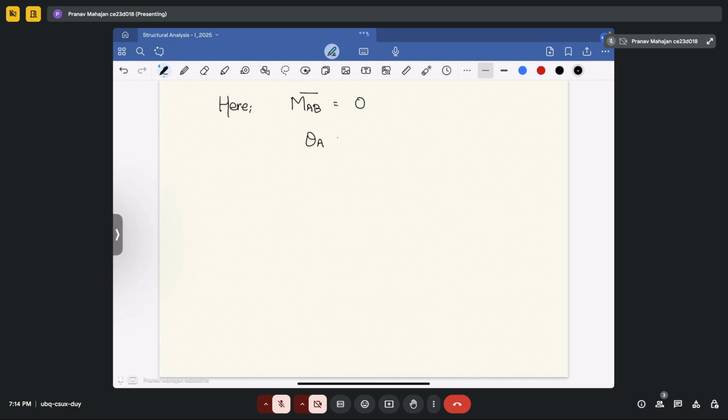Your theta A, since the support is fixed, is also equal to 0.